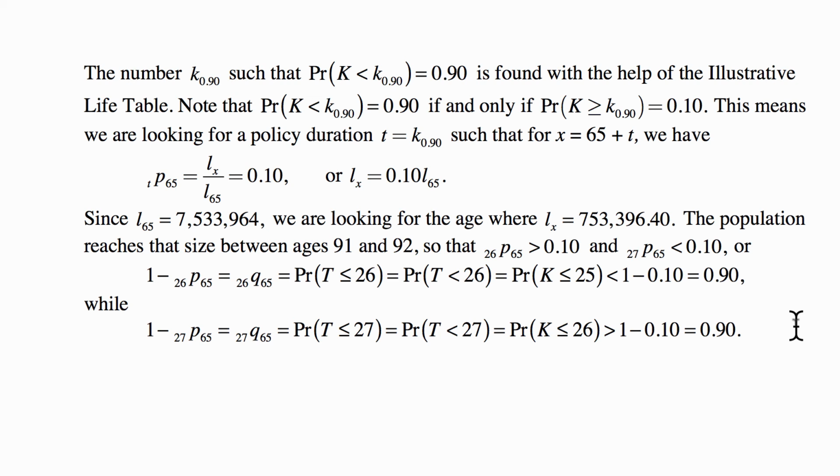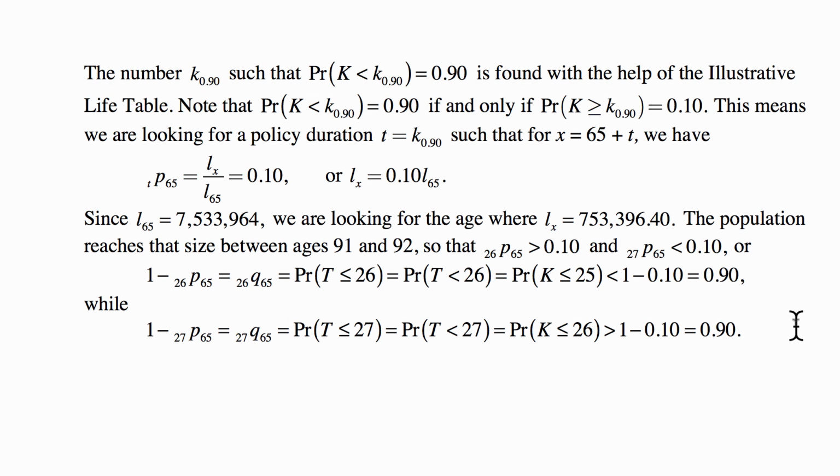So 65 is the age of the person when the person got the policy. And l_65 is given in the table as 7,533,964, and we're looking for the age where we have 1/10 of that. That's 753,396.40. And the population reaches that size between ages 91 and 92, so that we know that the probability for a 65-year-old of survival 26 years is more than 0.10 and 27 years is less than 0.10.